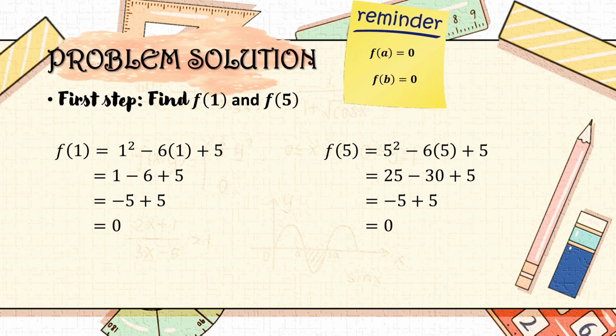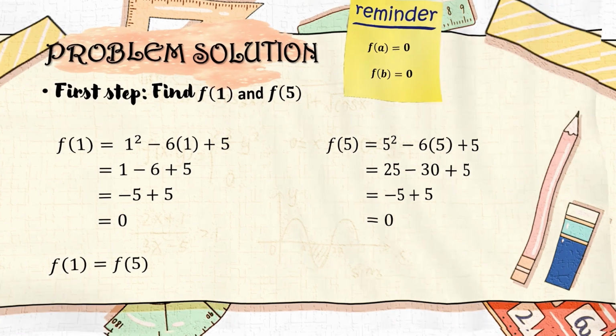So f(1) is equal to 0. And f(5) equals 5 squared minus 6 multiplied by 5 plus 5, equals 25 minus 30 plus 5, equals negative 5 plus 5, equals 0. So f(5) is also equal to 0. We can see that f(a) and f(b) are both equal to 0.